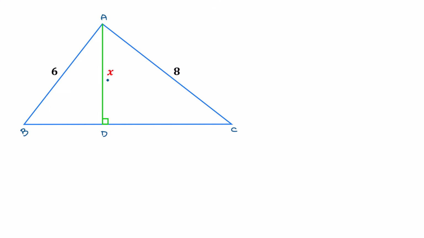At first, find the length of BC by applying the Pythagorean theorem in triangle ABC.